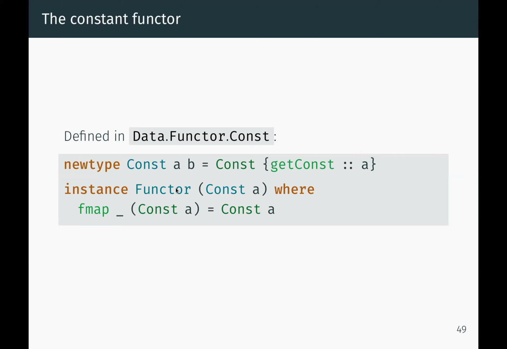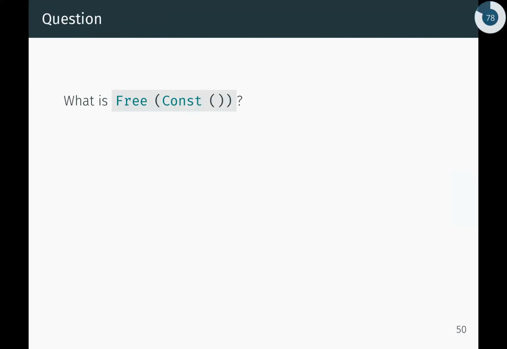And it's a functor: given a function from B to B prime, we just ignore the B and keep the same A that we had. We used Const excessively when we talked about optics, for example. So Const A is a functor. The question is, what is Free (Const A)? We know it's a monad, but is it something totally new, or a monad we know? Okay, what is Free (Const Unit)?